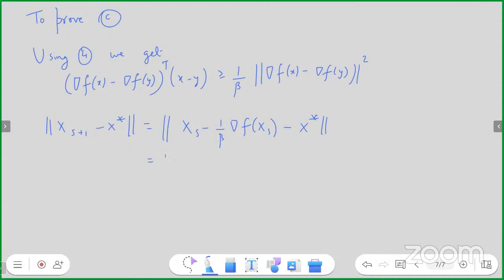This is equal to xs minus x star. This is also a usual trick which is used very often, to combine these two terms and keep this as a product. Right? Now what can I do?